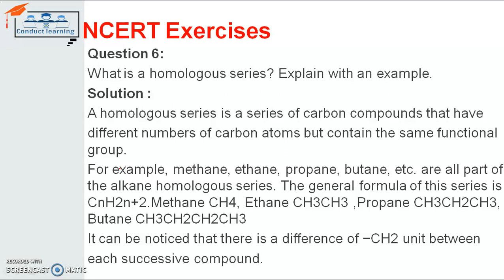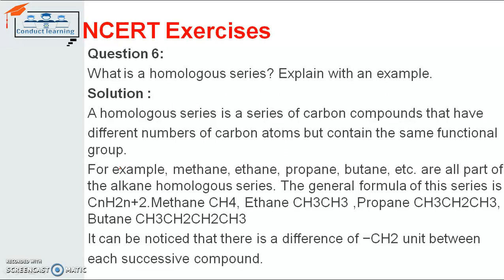The next question is, what is a homologous series? Explain with an example. The homologous series is relevant to carbon compounds that differ from each other by just the number of carbon and hydrogen atoms, right? Otherwise their properties are the same. As written there, a homologous series is a series of carbon compounds that have a different number of carbon atoms but contain the same functional group.